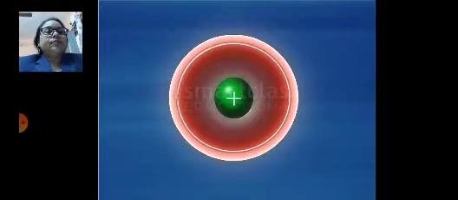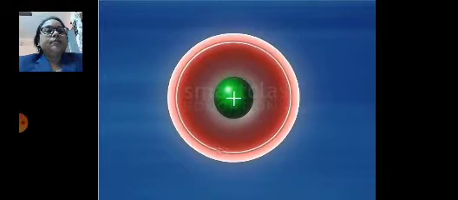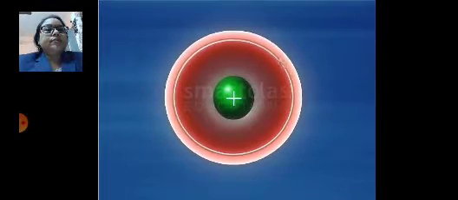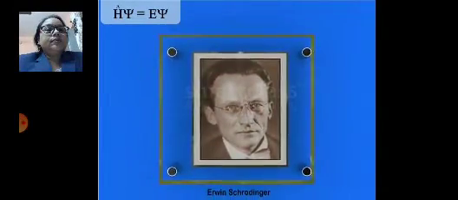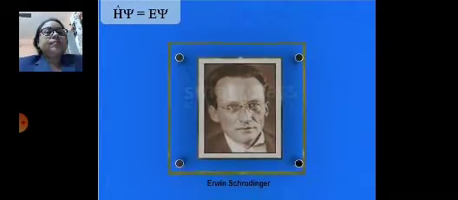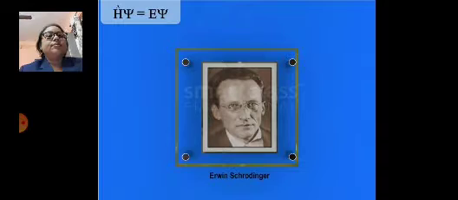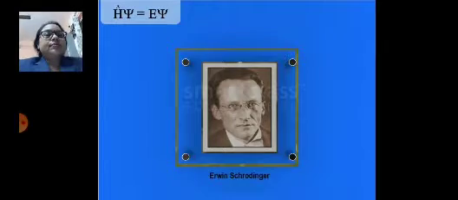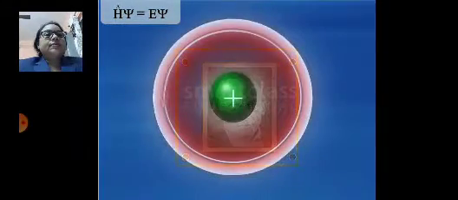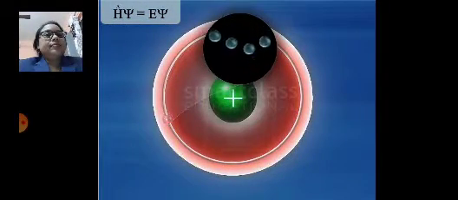Quantum mechanics proposes that moving particles exhibit wave-particle duality. Erwin Schrödinger gave the wave equation as the operator H psi equals E psi, where H is the Hamiltonian operator. The wave equation explains the dual nature of matter as a particle and as a wave.